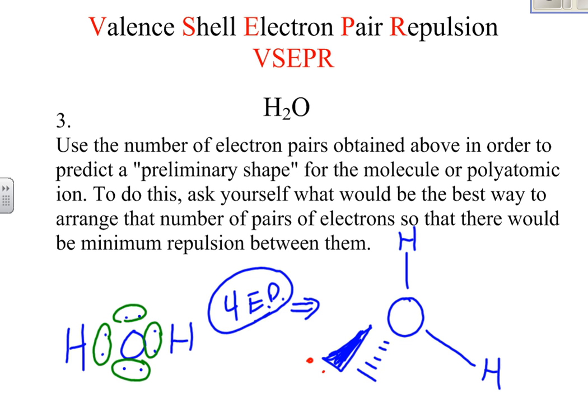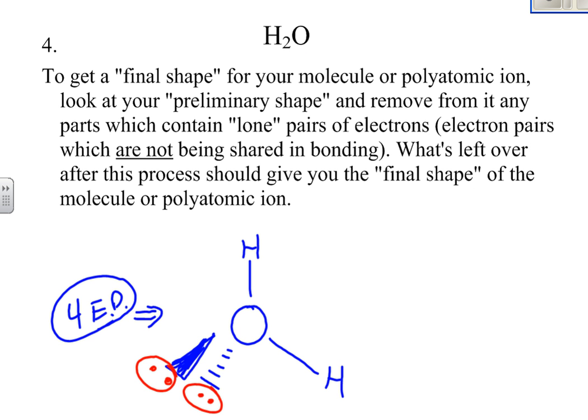And then I'll take my lone pairs and put them at the end of the locations that are coming out of the board and back into the board. Step 4, to get a final shape, we're going to have to eliminate the part that includes the lone pairs. So in essence, I'm going to erase these two positions right here.